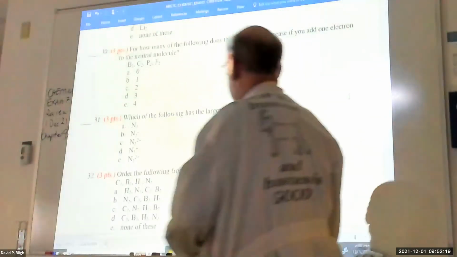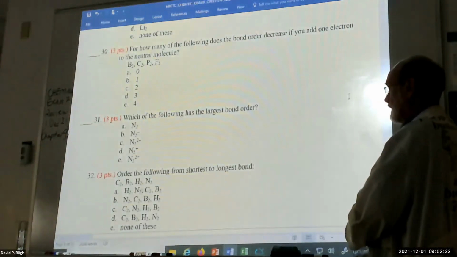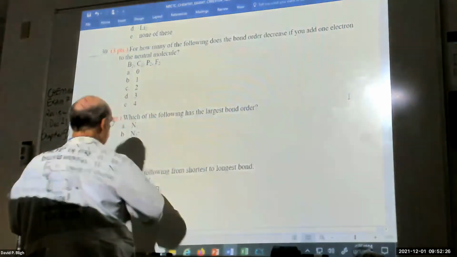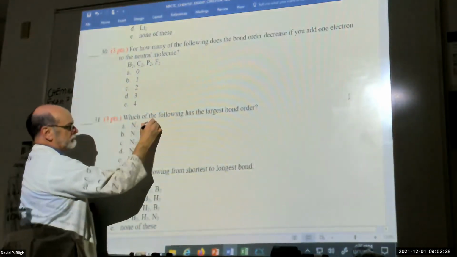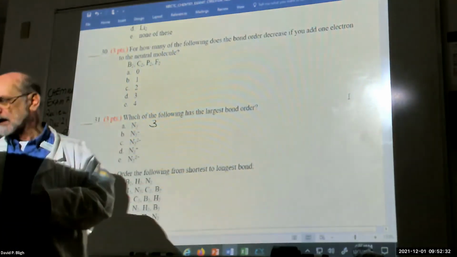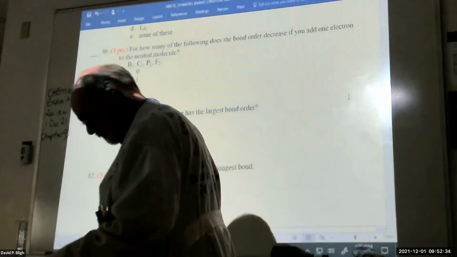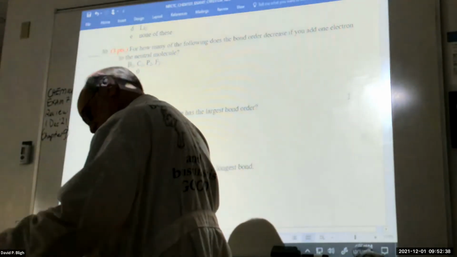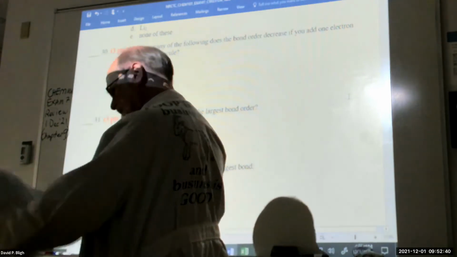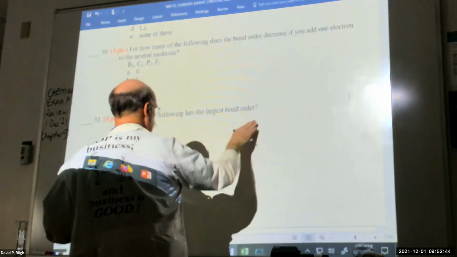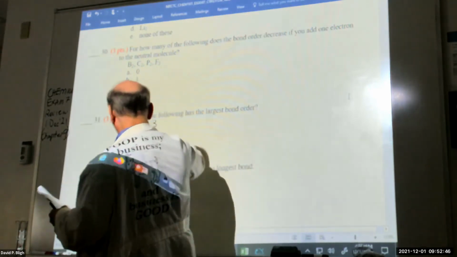31. Which of the following has the largest bond order? Okay. We've calculated this one before. We know it's 3. But to do the others, we need to write, here we go. Let's write shorthand. Let's just do it like this. Let's write it for all the N2s.